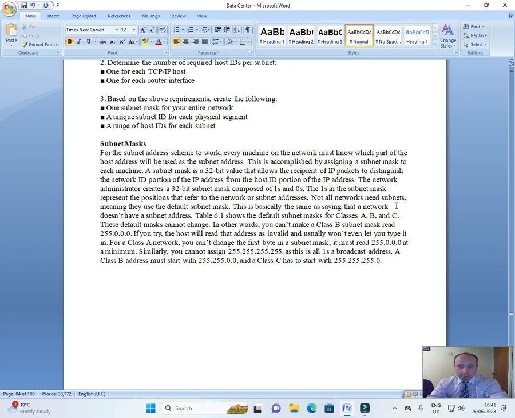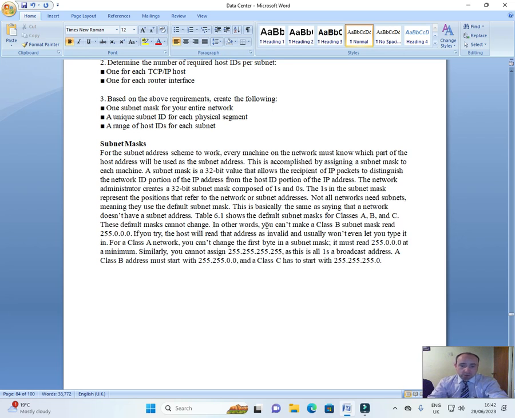Not all networks need subnets, meaning they use the default subnet mask. This is basically the same as saying that a network doesn't have a subnet address.